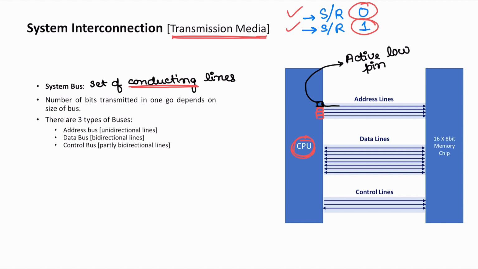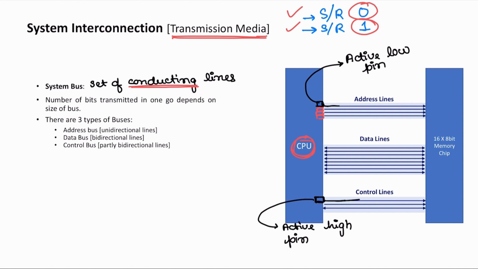Similarly, there is the active high pin. Suppose this conducting line is connected to the CPU's active high pin.